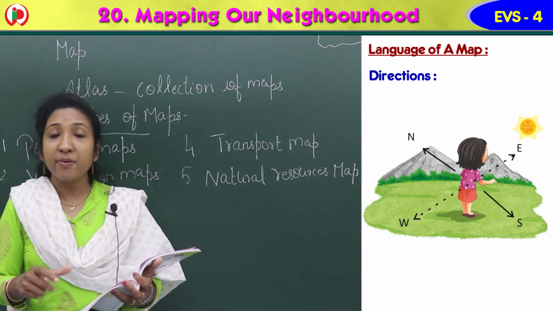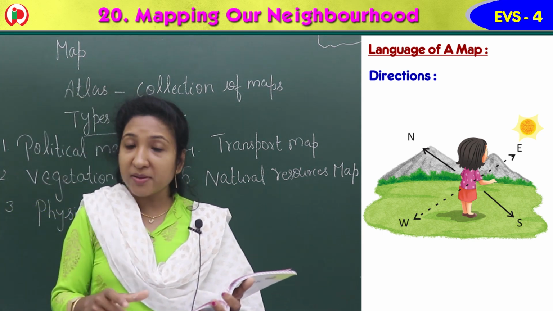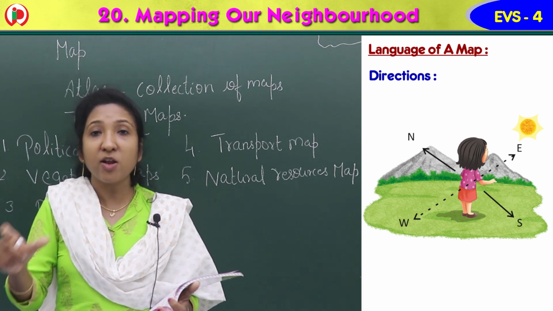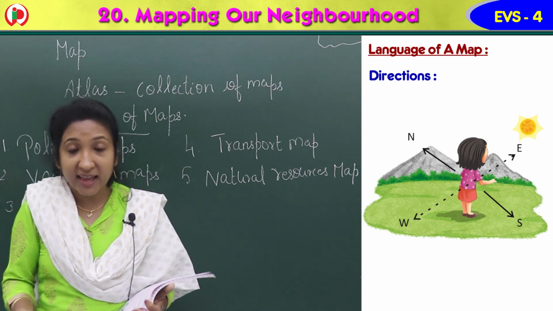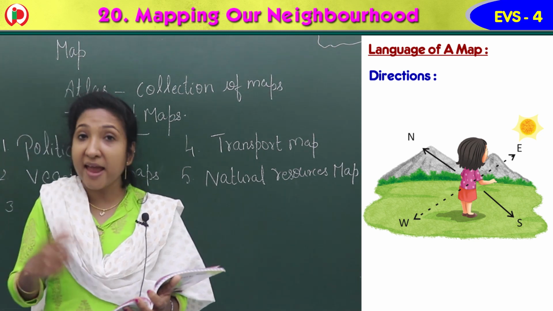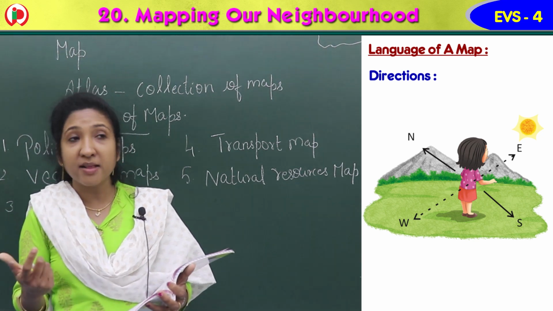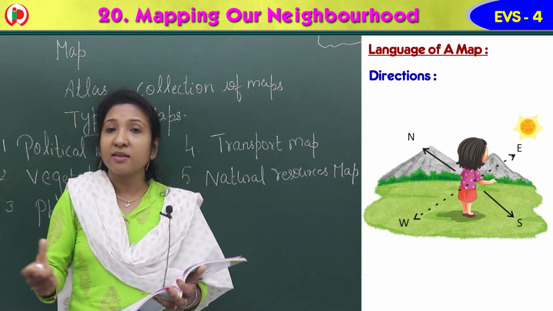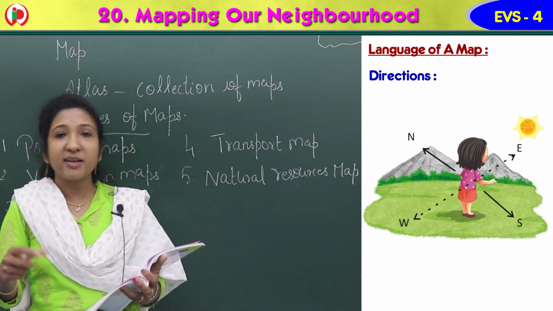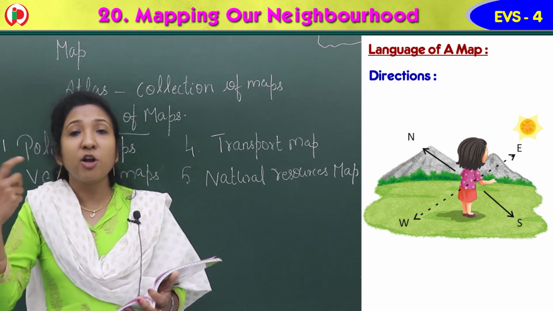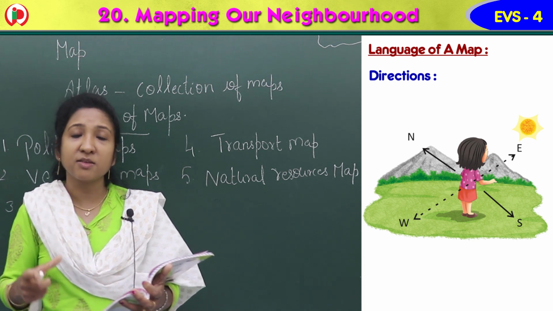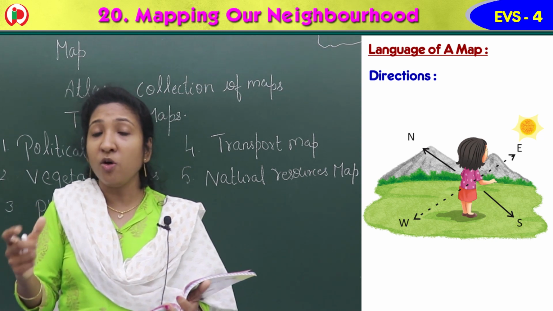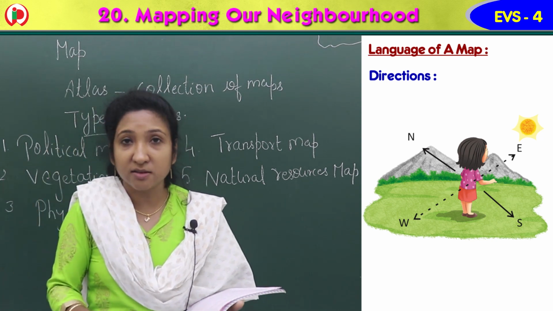So on the map, now you know it is a pictorial representation of an area on a flat surface, of the whole area or a part of the area. It has a scale, signs and symbols, and directions, isn't it? Why are signs and symbols more important? If we use only words, it becomes disorganized, full of words and in disorder. But when we use signs and symbols, they easily attract us.